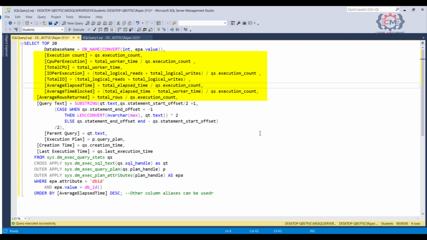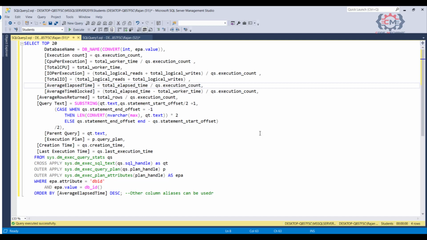And we have similar measures for both logical I/O and elapsed time. One thing I do want to point out is the total rows column here. This was added in SQL Server 2008 R2. So, if you are still on SQL Server 2008, you will want to comment this line out.